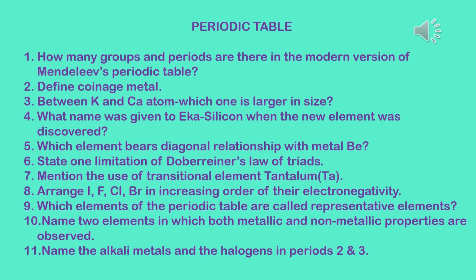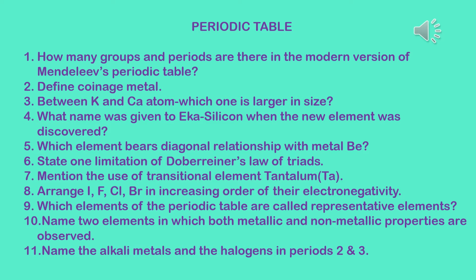Name 2 elements in which both metallic and non-metallic properties are observed. Answer. Arsenic and antimony. Arsenic, that is capital A small s, and antimony, that is capital S small b, show both metallic and non-metallic properties. They form salt with both acids and alkalis.